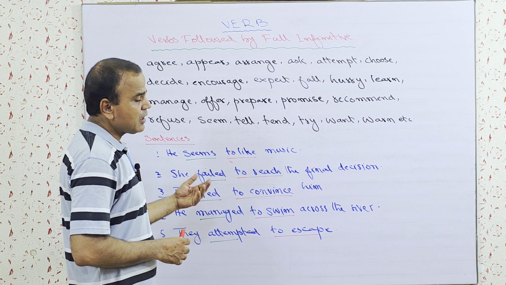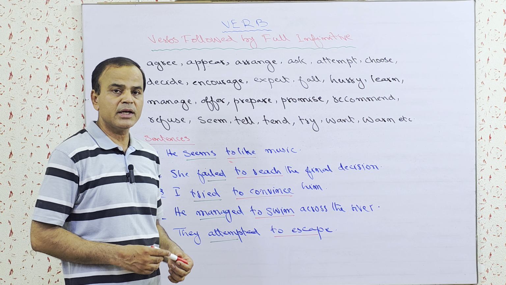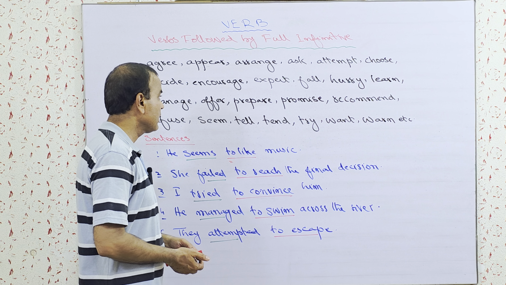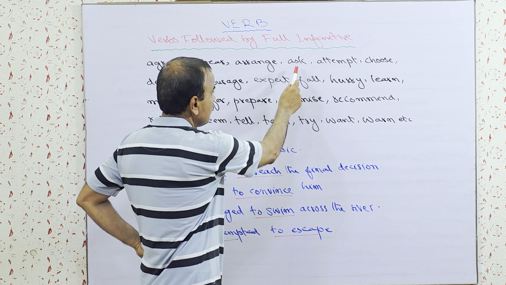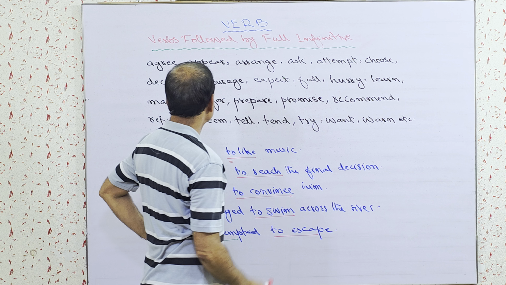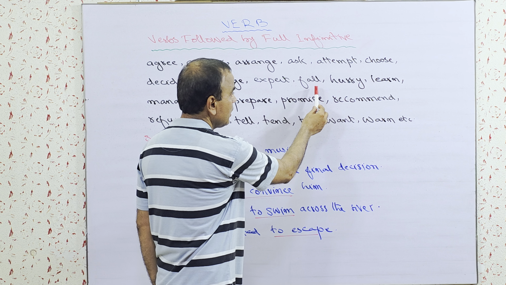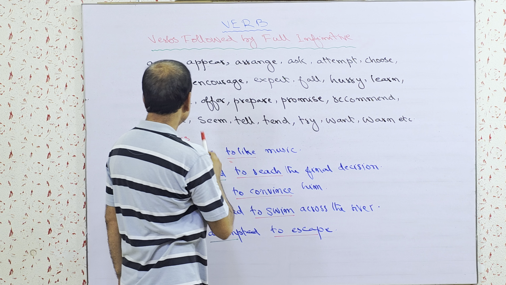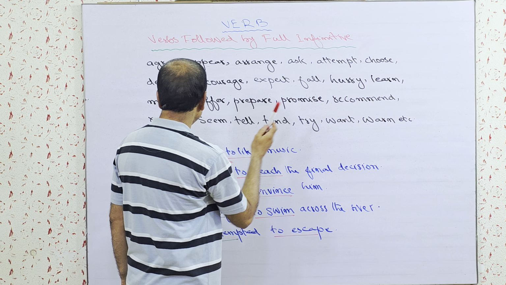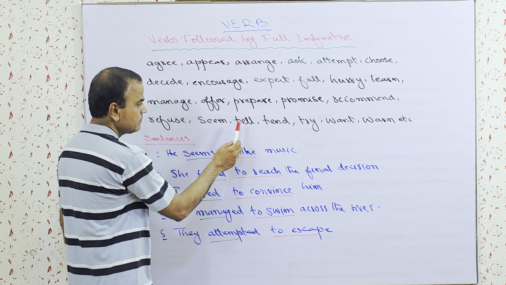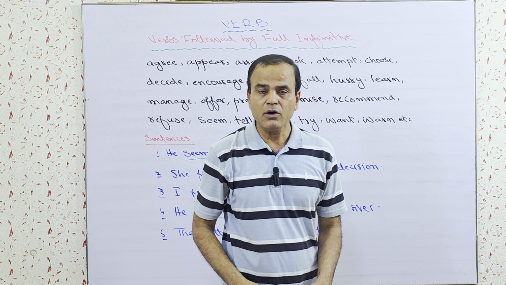These are the commonly used verbs that take infinitive form of the verb after them in case we want to use an additional verb. So they are agree, appear, arrange, ask, attempt, choose, decide, encourage, expect, fall, hurry, learn, manage, offer, prepare, promise, recommend, refuse, seem, tell, tend, try, want, and there is a long list.